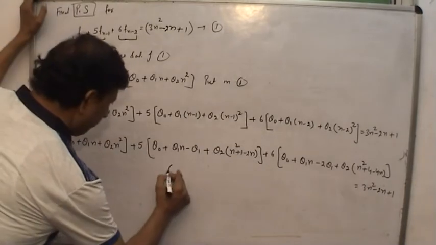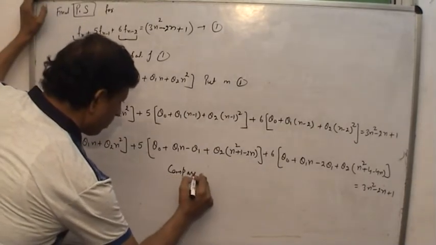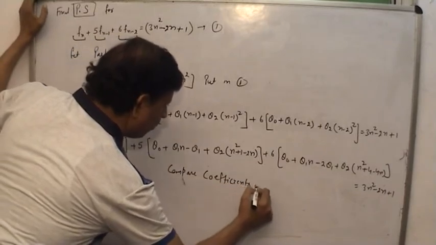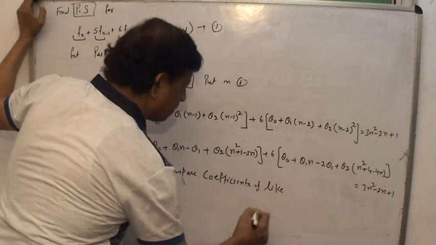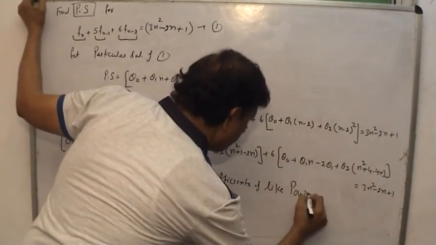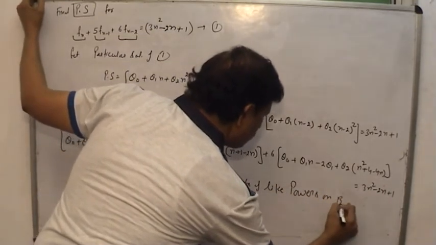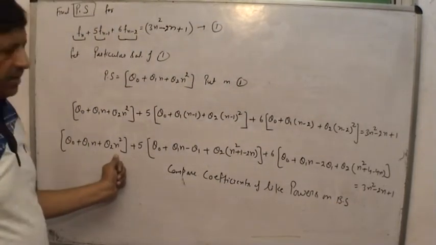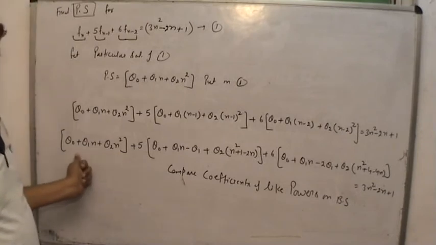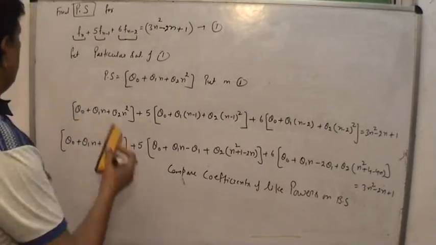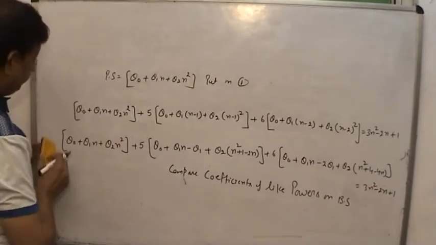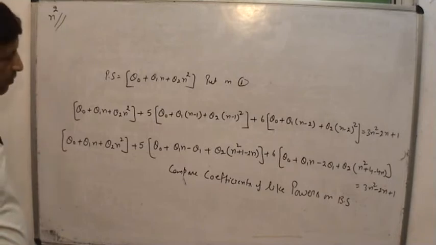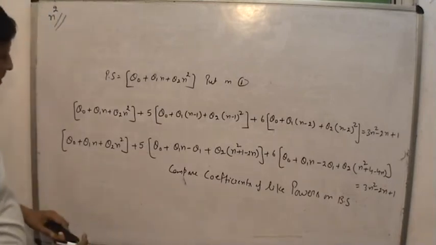We can compare coefficients of like powers on both sides. Here we have three types of terms: containing n square, n, and the constant. Now we start with n square. That means we are comparing the terms containing n square.